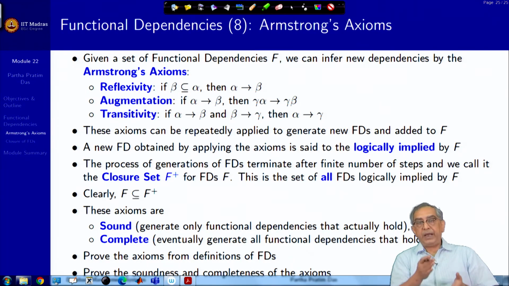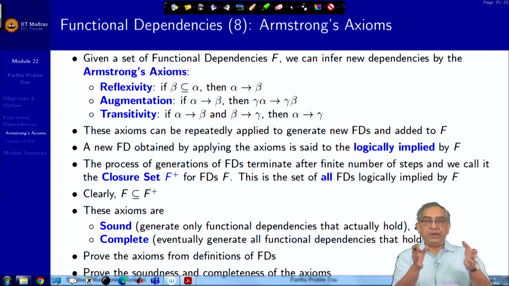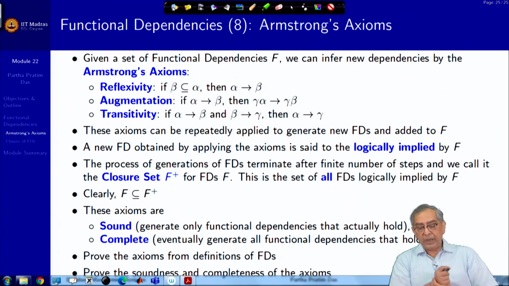So, these axioms can be repeatedly applied to a set of functional dependencies, and when we apply them and get a new functional dependency, we say that it is logically implied by the original set. In that process, we can keep adding more and more functional dependencies to the original set till we can add no more, and that is called the closure set of a set of functional dependencies.